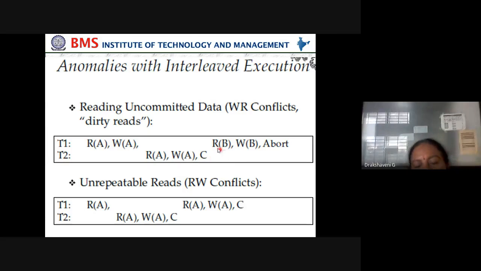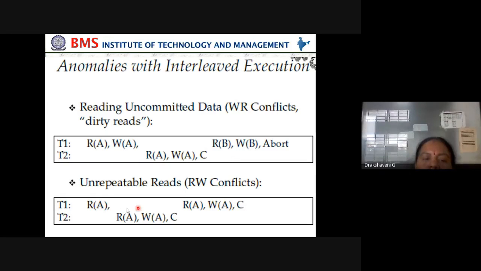After this, the B account is read and written. Then abort. We are doing this sequence of operations, and this is what we call a dirty read.